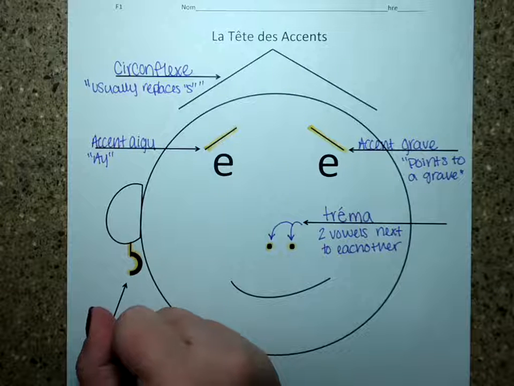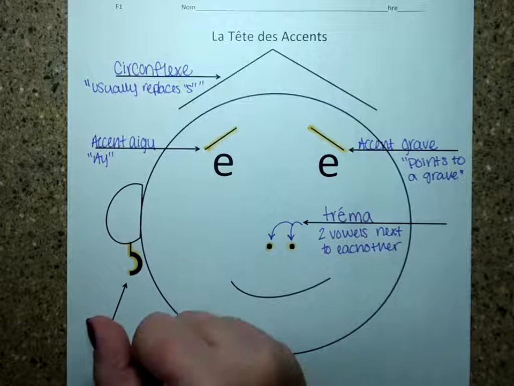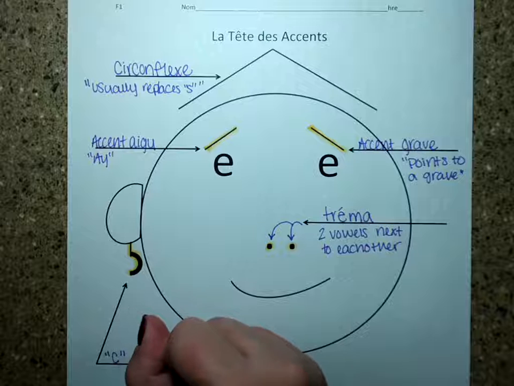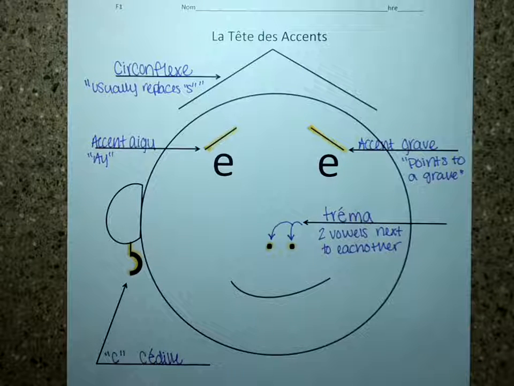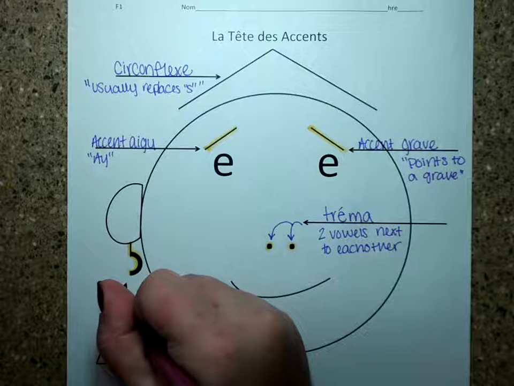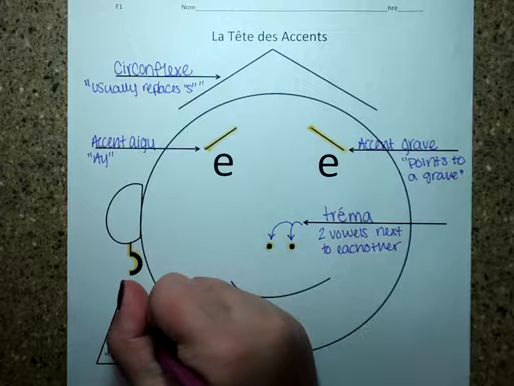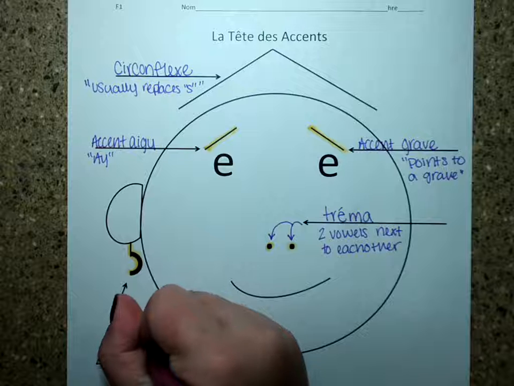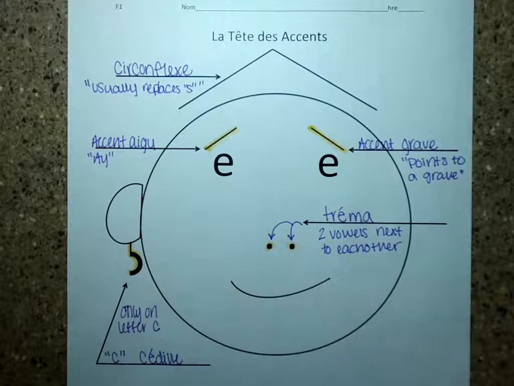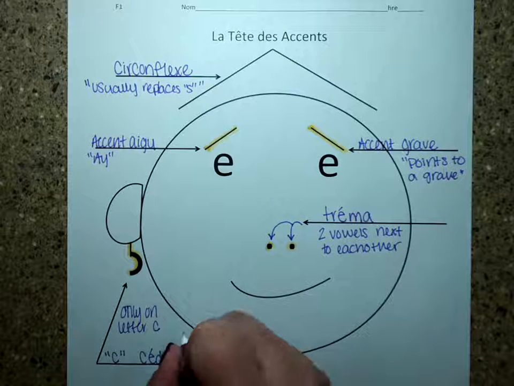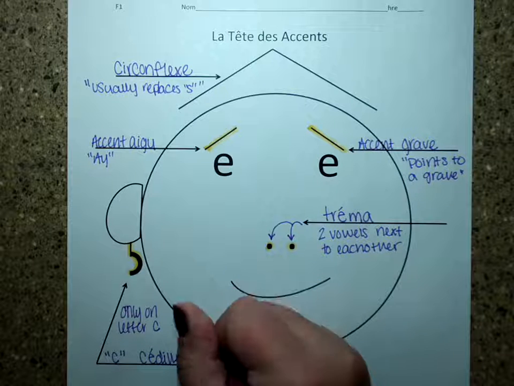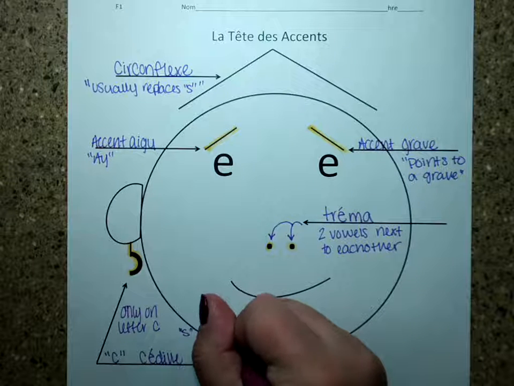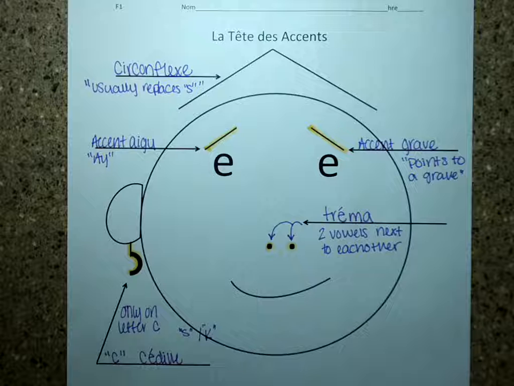Everyone usually calls it the C cédille, the letter C and then cédille, because it only appears on the letter C. All right, and this just makes it sound like an S instead of a K sound. So it makes it a soft C rather than a hard C.